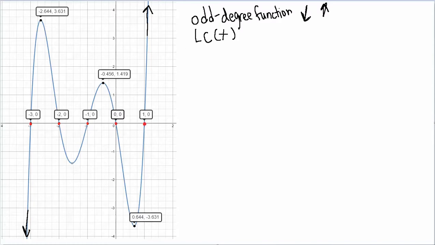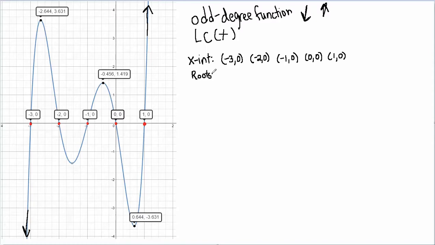So if we collect this information, the x-intercepts would be (-3, 0), (-2, 0), (-1, 0), (0, 0), and (1, 0). And the next question that we can ask ourselves is, what are the actual roots?